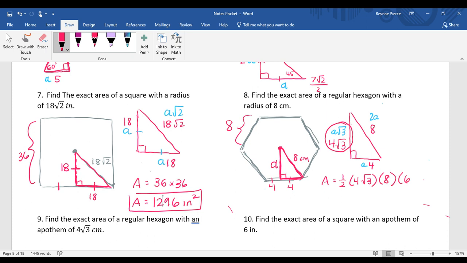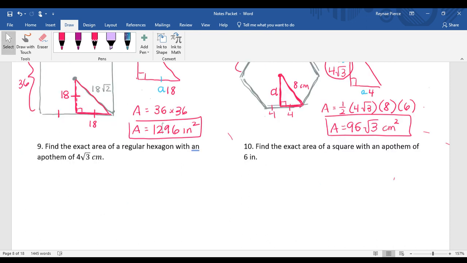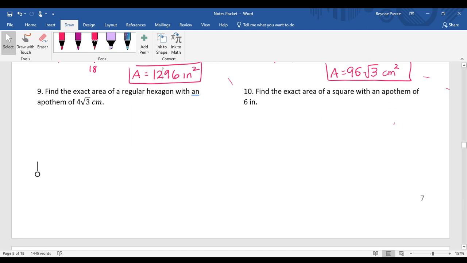And a hexagon has 6 sides. 1/2 times 4 times 8 times 6 gets me to 96, but don't forget the square root of 3. Again, try 9 and 10 on your own. We can go over them together in class before we get to the practice.